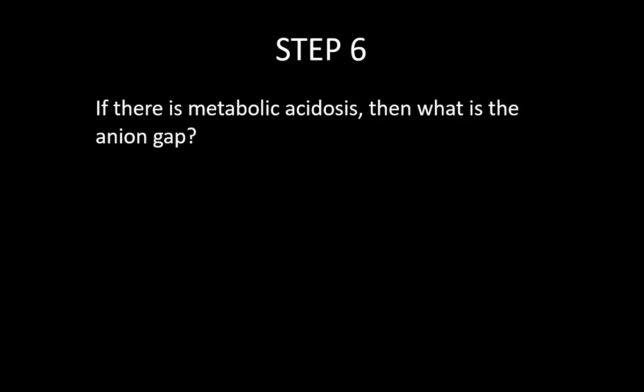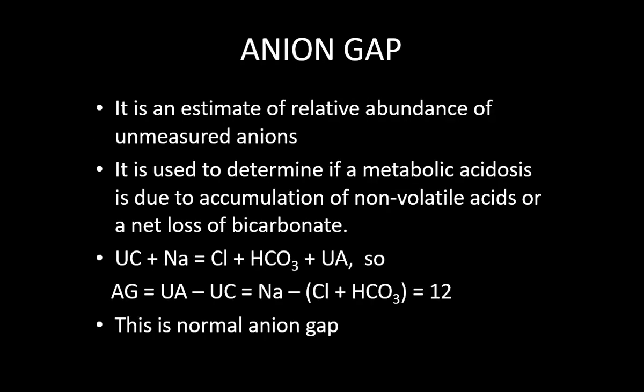Step 6, is there metabolic acidosis? Then what is the anion gap? It is an estimate of the relative abundance of unmeasured anions. It is used to determine if a metabolic acidosis is due to accumulation of non-volatile acid or a net loss of bicarb. So it could be because of 2 reasons: non-volatile acids which we are not able to measure, and the net loss of bicarb.